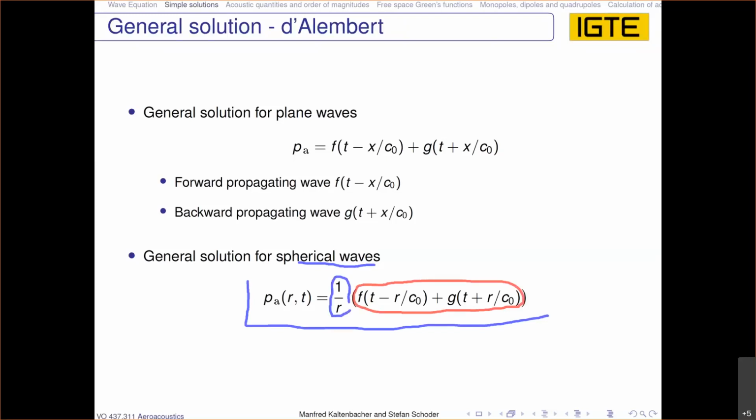You call this also the spherical wave spreading law, because your amplitude decays with 1 over distance. And that is something which is very natural. If you are far away from any source, you can model this source as a point source, because the dimensions of the source are small compared to the distance where you are and where you listen to the sound approaching your ears.